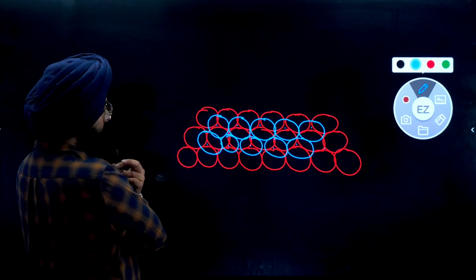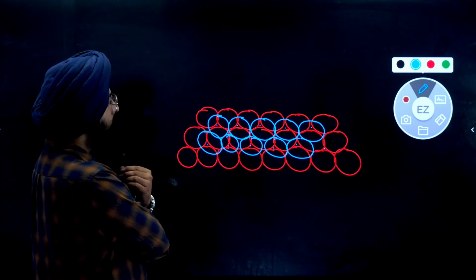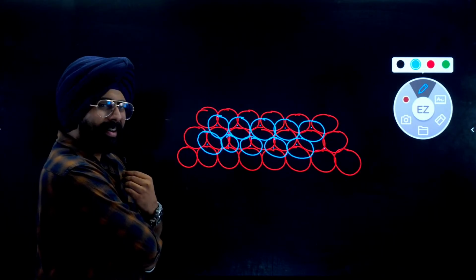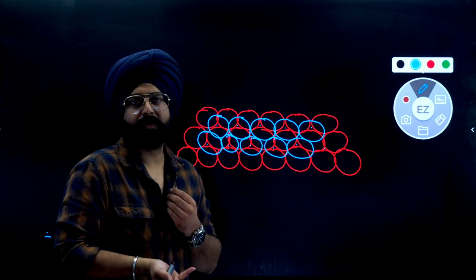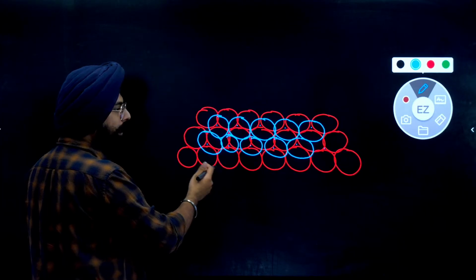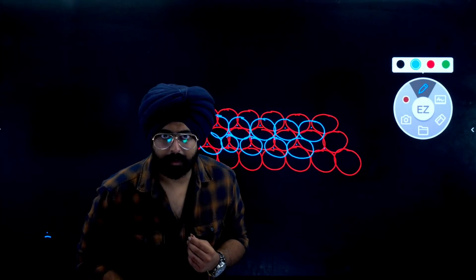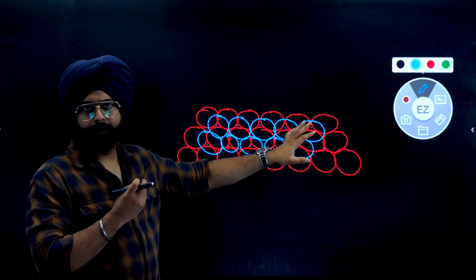Is there a different way? Not really. Why? Because all the gaps in the first layer are basically the same type of gaps. If you are looking at the downward triangle gaps, they are also the same as the upward triangle gaps. You're just looking at the structure like this. So to place the second layer, this is the only best way.